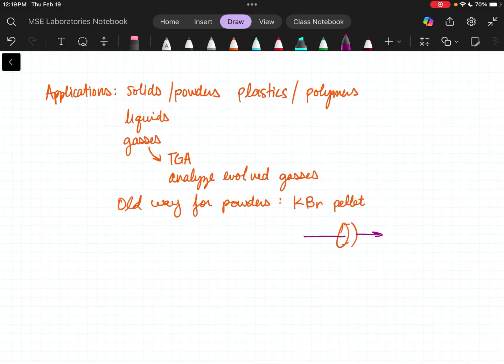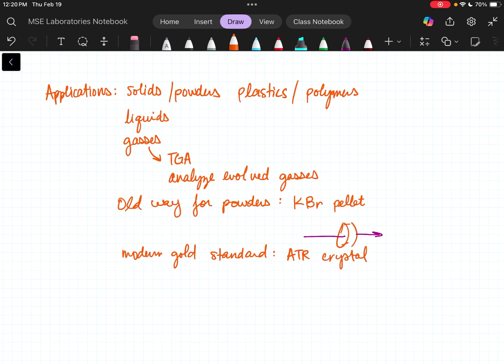And then I send my IR beam through it. The problem is KBR is water soluble. We're right back to the original problem, which means that any sort of humidity inside of this pellet or surrounding the pellet is going to cause problems.